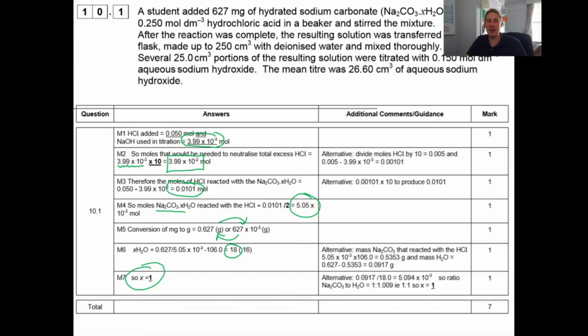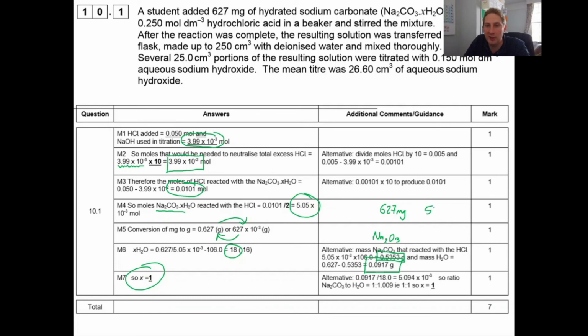An alternative method that you could have done was work out the mass of sodium carbonate, just the Na2CO3 that reacted, which is 0.5353 grams, and therefore the mass of water that there must have been in that initial solid. So you started off with 626 milligrams of the hydrated solid.